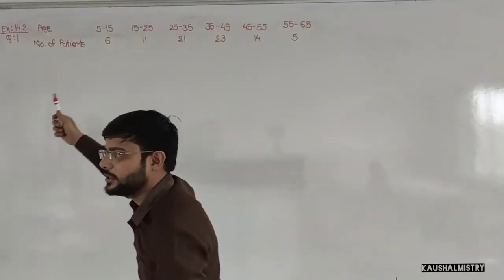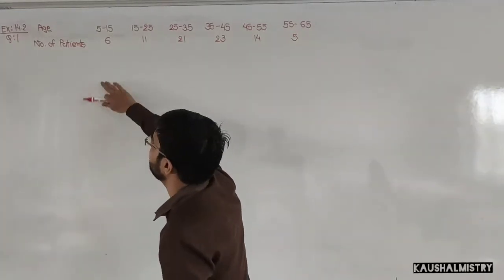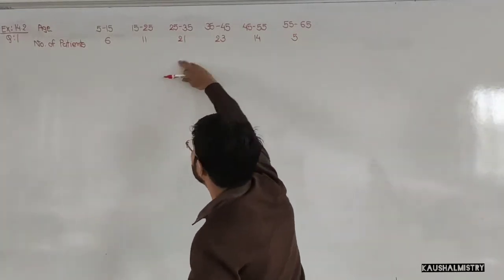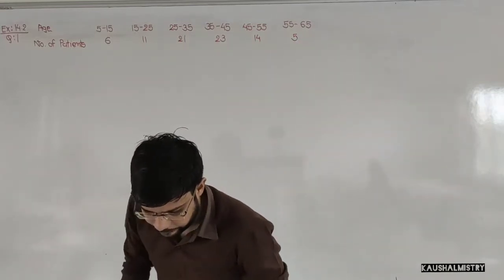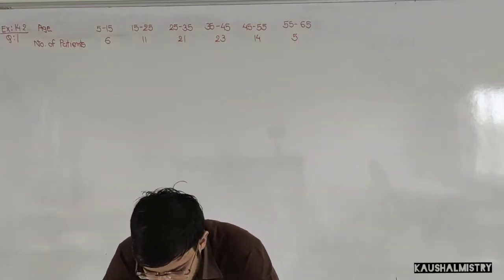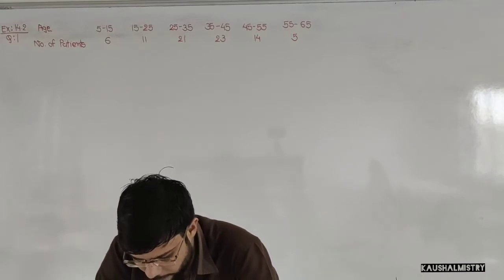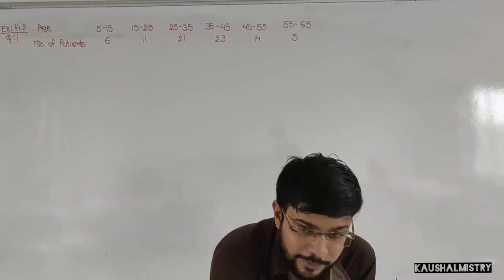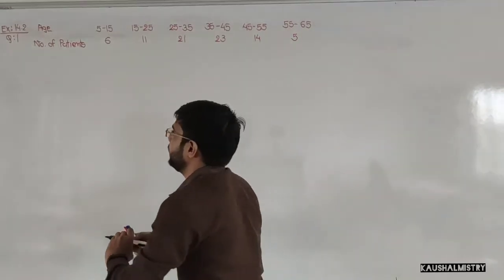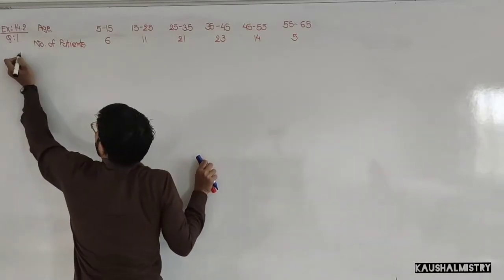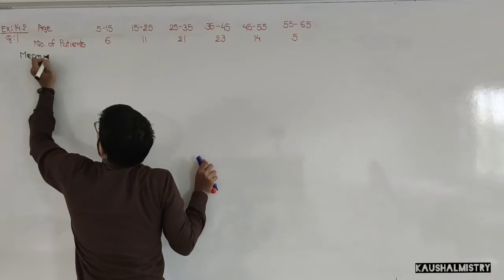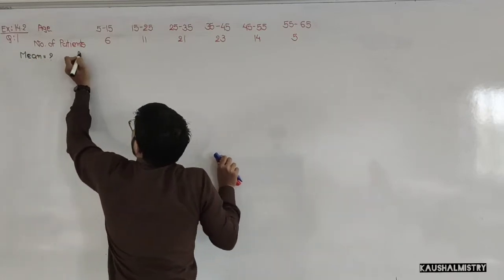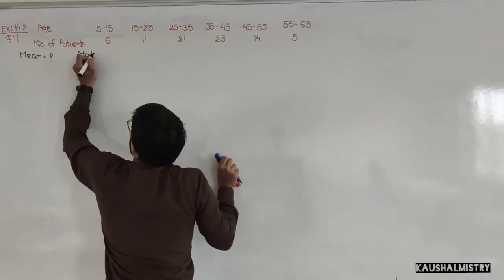And number of patients admitted in a hospital, that is 6, 11, 21, 23, 14, and 5, right? Now, find the mode and mean of the given data. That means we have to find two things. First, mean we have to find, and second one, mode we have to find.